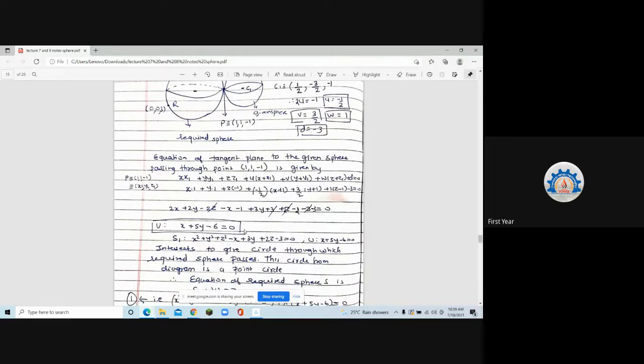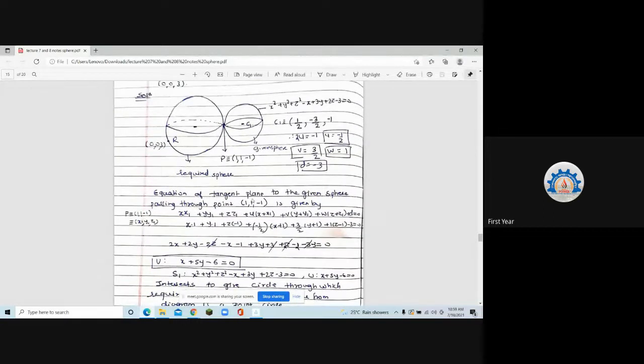You please try. Write down. Find the tangent plane to the sphere. To solve this question, the first part is to find the tangent plane to the sphere x square plus y square plus z square minus x plus 3y plus 2z minus 3 equal to 0.